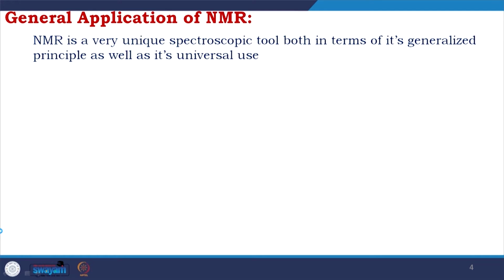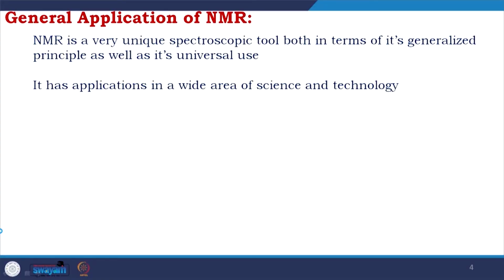I am introducing why the principle is generalized: as I told, it could cover the entire periodic table, it is not restricted to a few elements to detect, and we will discuss that throughout this 5 class module.